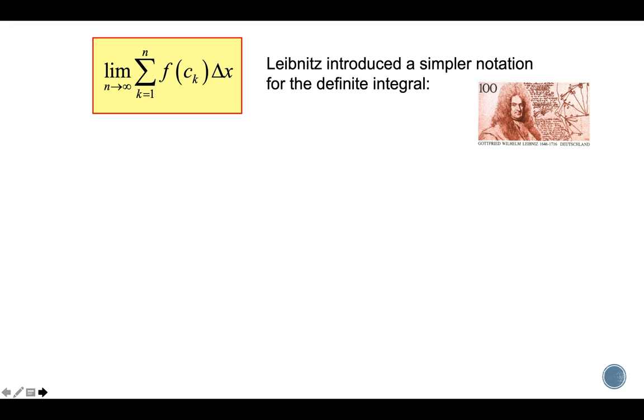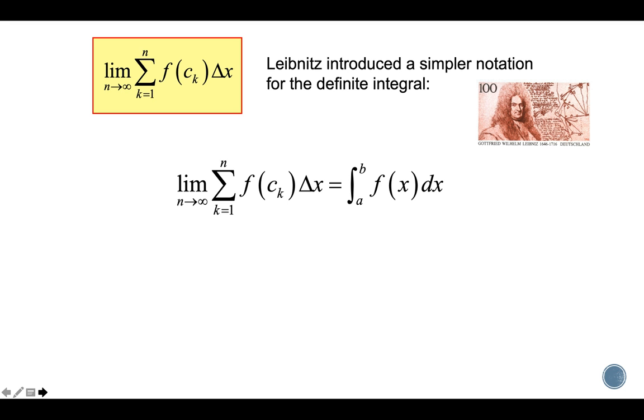Leibniz introduced a similar notation for the definite integral, which is what we typically see. Another way of expressing what we just talked about is the integral from a to b of f of x dx. Note that the very small change in x goes from delta x to dx.